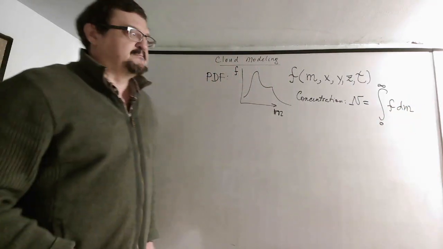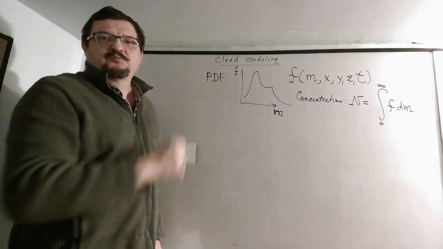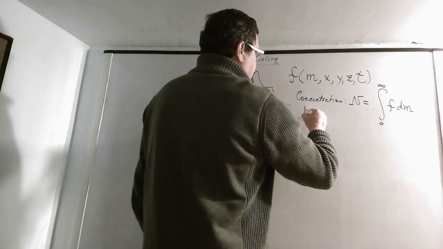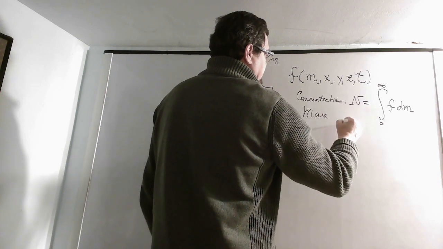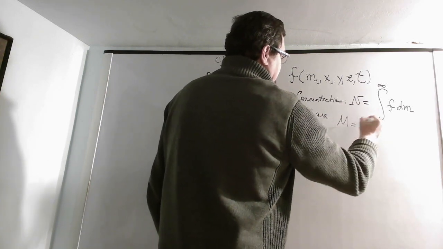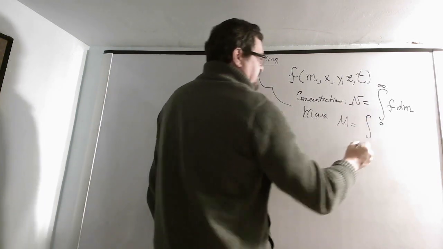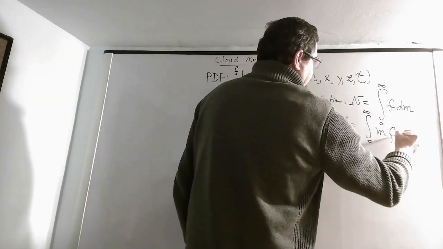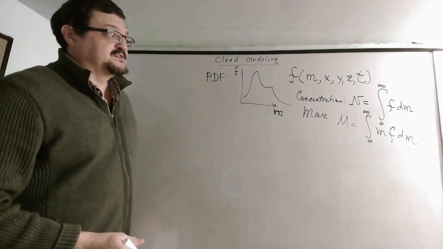So in a way, it's the zero moment of this distribution. And total mass you compute as the total integral from 0 to infinity of mass times F dm. So it's the first moment of the distribution.